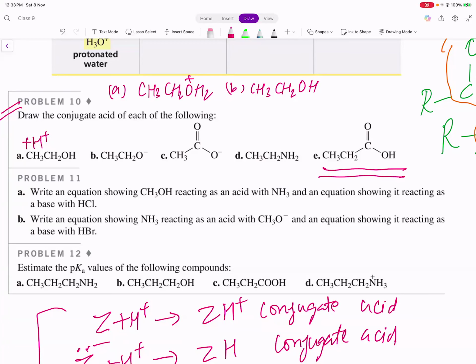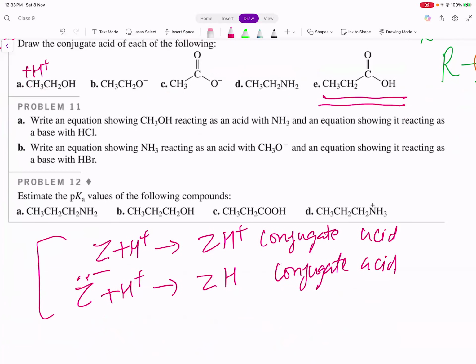Okay, no worries. And in the B part, NH3 plus CH3. See, the charge must be the same on the left hand and the right hand side, but that does not mean we just write 0, 0. Sometimes they will become neutral. In the B part, it will be NH2 minus, because H plus it has given, so it will become NH2 minus and CH3OH, right?